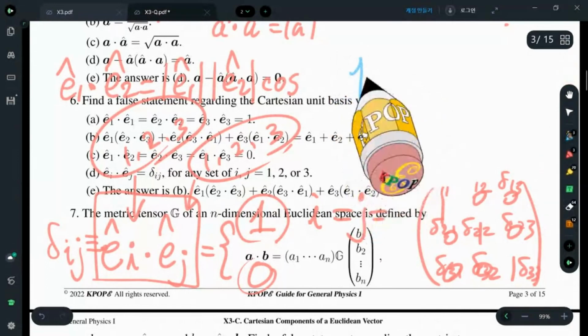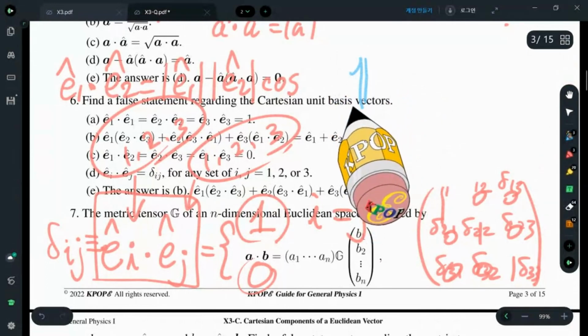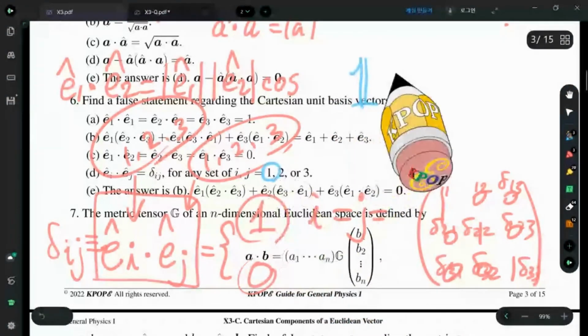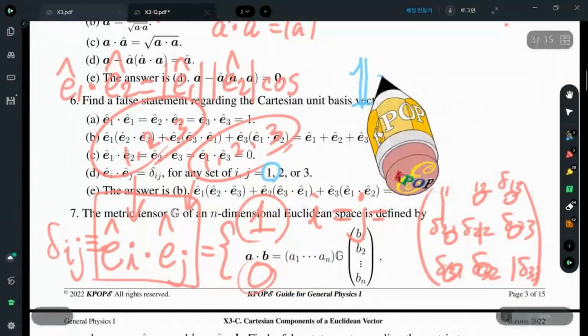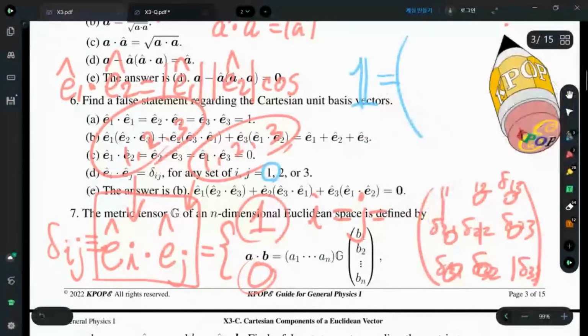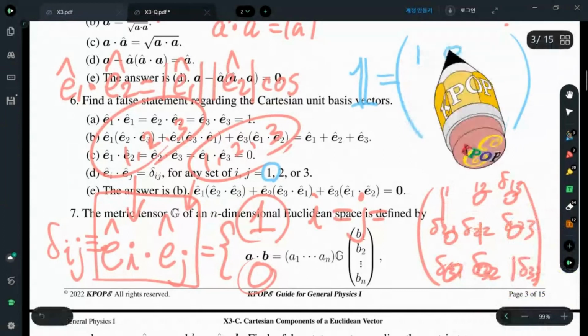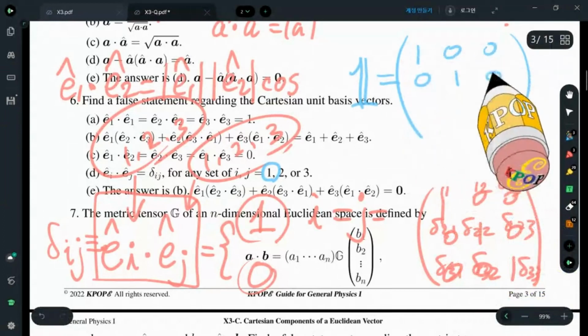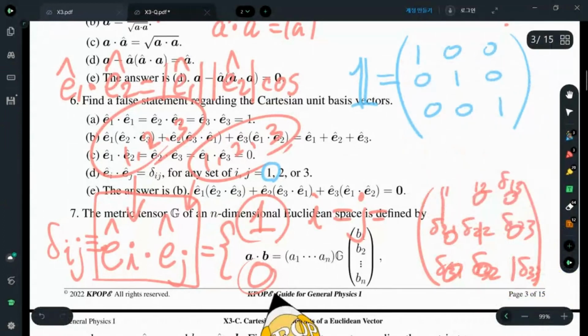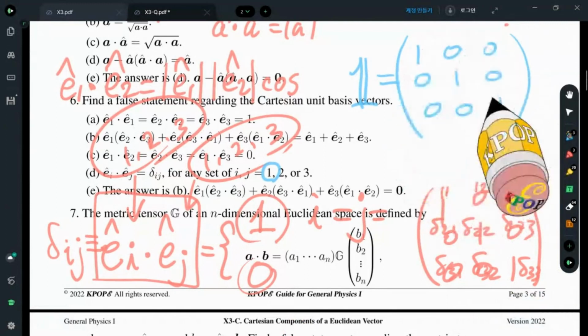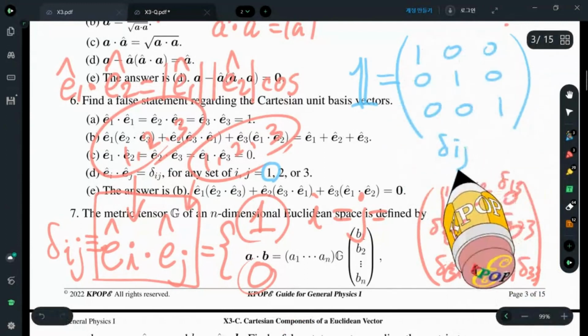So using the collection of 9 numbers, we introduce a simple symbol. To distinguish it from just the number 1, we open a big parenthesis, close the parenthesis, and put these numbers. Any element inside this parenthesis is a delta ij.